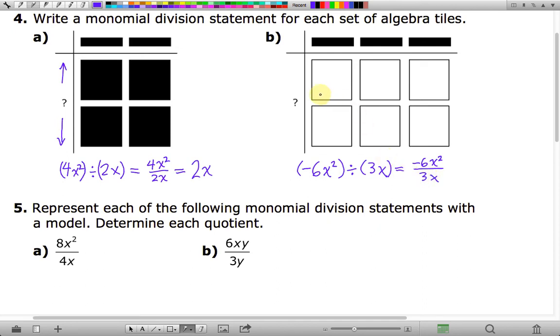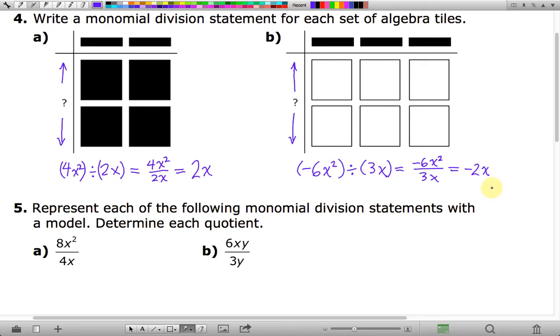And now we just need to figure out what is that width that when we multiply by this length would give us this particular area. So first of all, you have to recognize that it takes a negative to multiply a positive in order to get a negative product. So we know that it's going to be negative something. And we can see that it's 2 tiles wide, and it's 2x tiles wide.